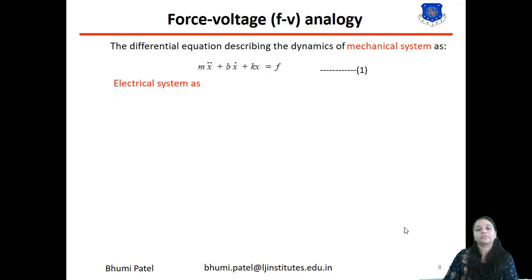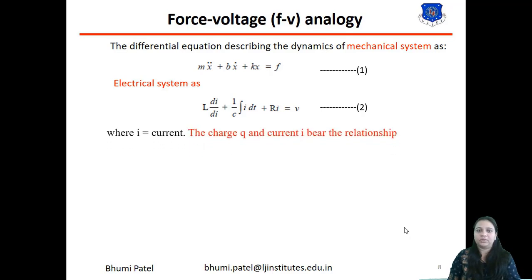Next, for the electrical system, the equation is L di by dt plus 1 by C integration of i dt plus R i is equal to V. Using Kirchhoff's law and Ohm's law, we get equation number 2 for the electrical system.